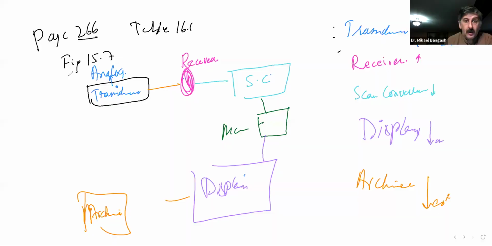If you look at the flow of the signal, some of it is displayed in figure 17.5. Some of it we just have to smuggle in. And I said back then that your receiver was going to be somewhere in between your transducer and scan converter.